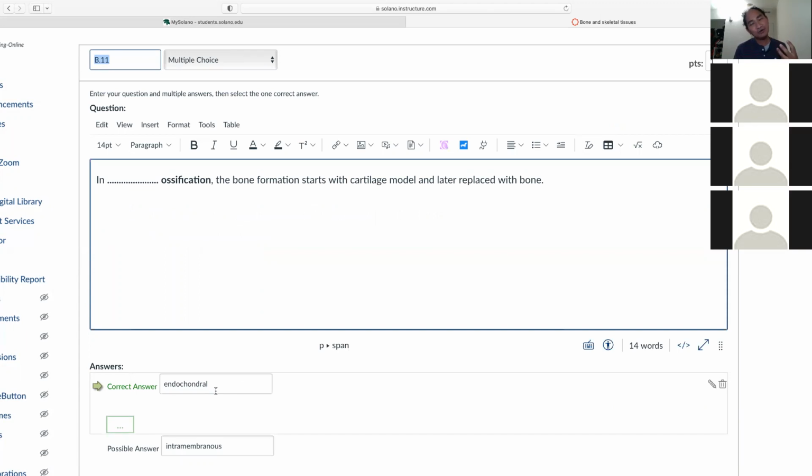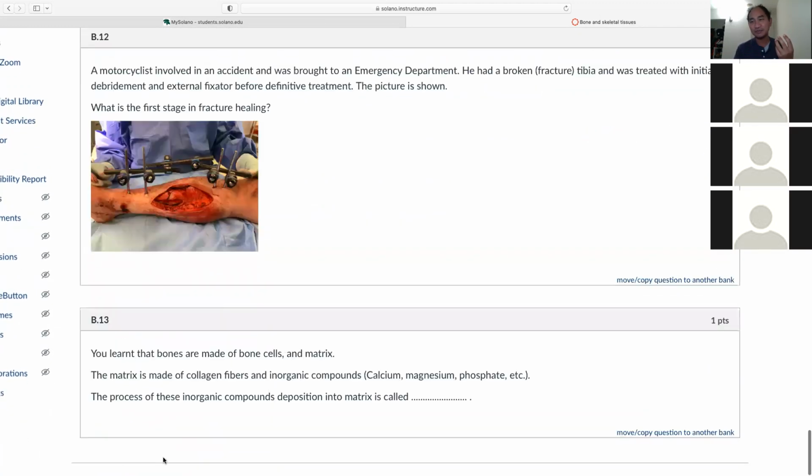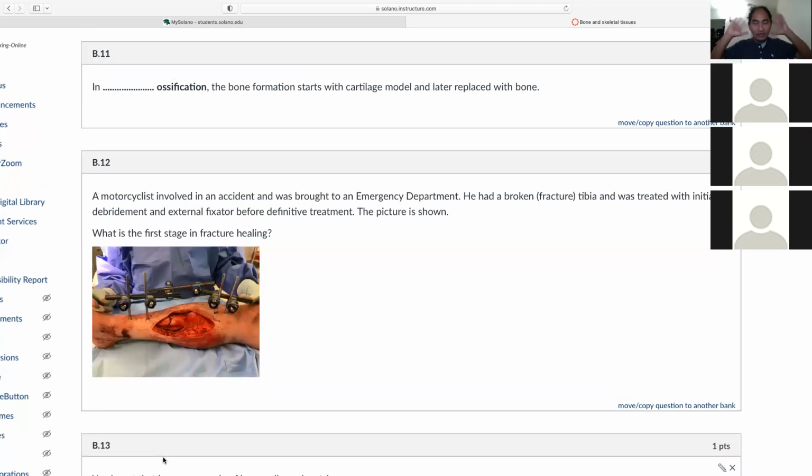In endochondral ossification, cartilage tissue forms first, whereas in membranous ossification, the mesenchymal cells just jump into bone. Almost all the bones in our body are formed by endochondral ossification, except the skull bone and the collarbone, the clavicle.